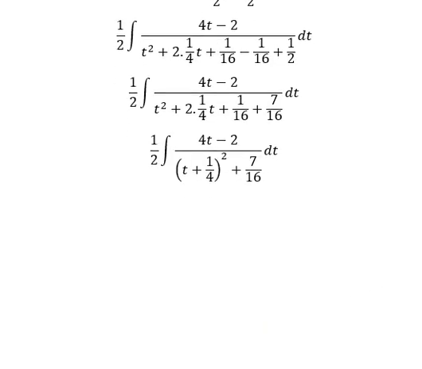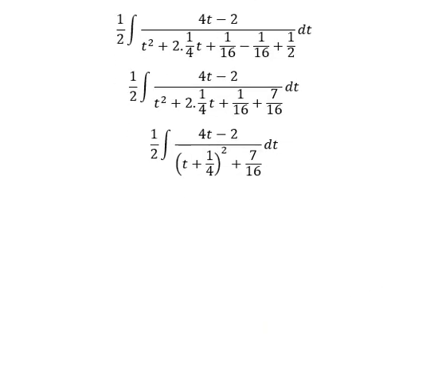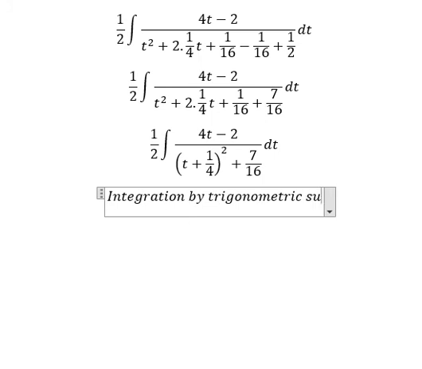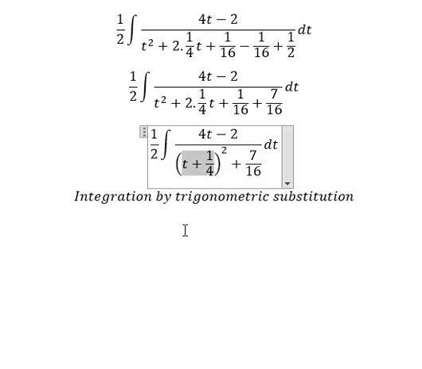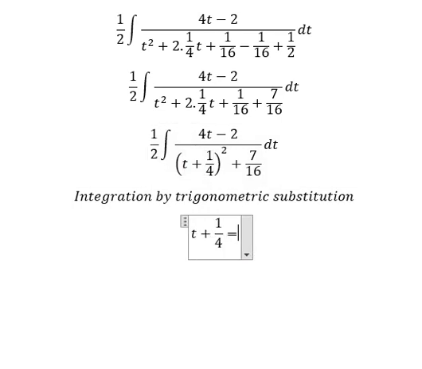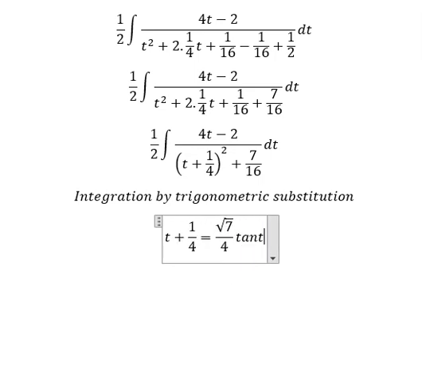And now we can use integration by trigonometric substitution. So I will put t plus 1 over 4 equals the square root of 7 over 4 times tan t.